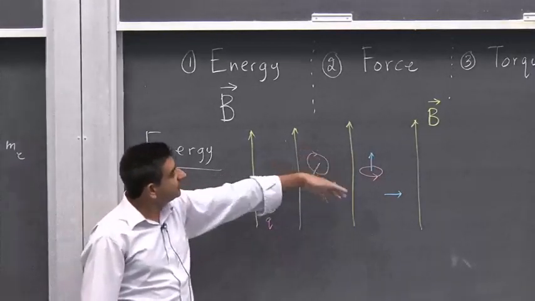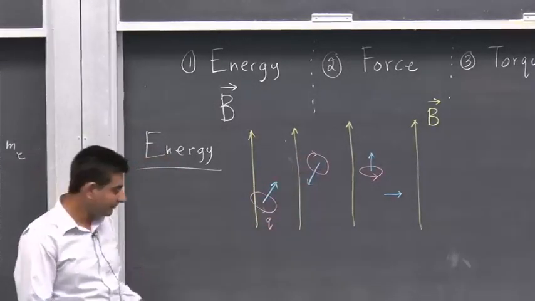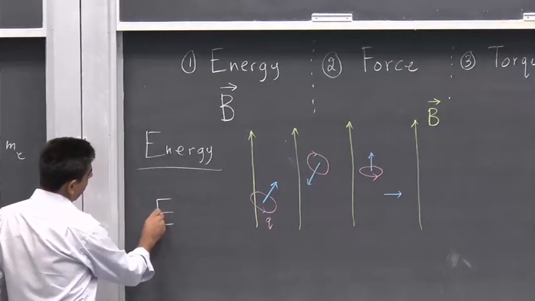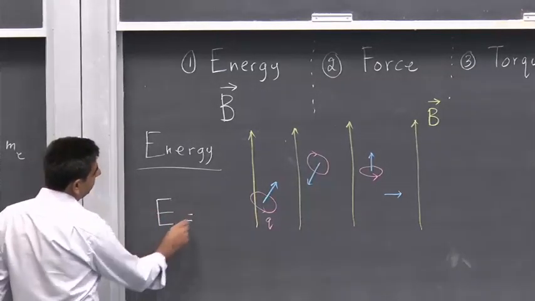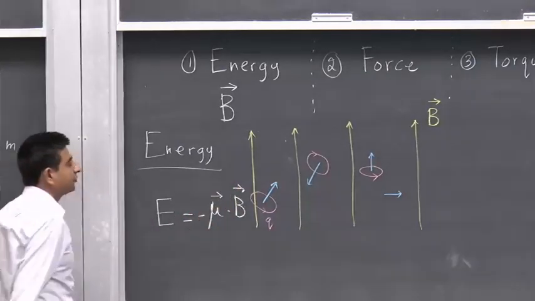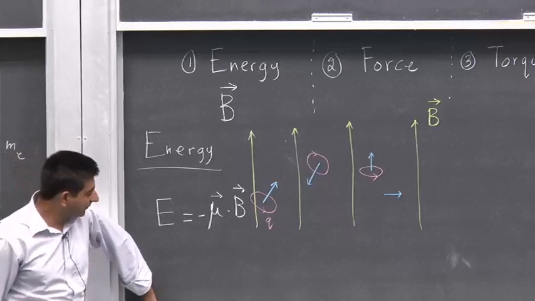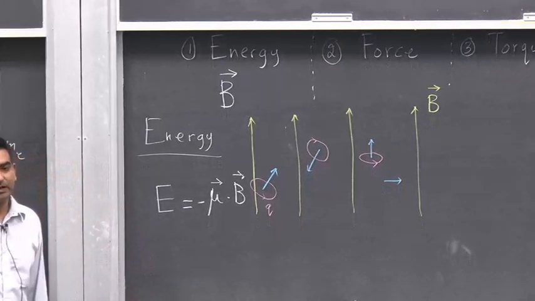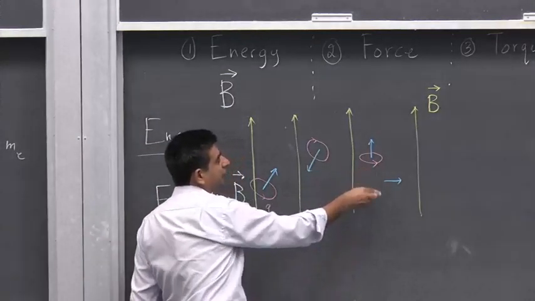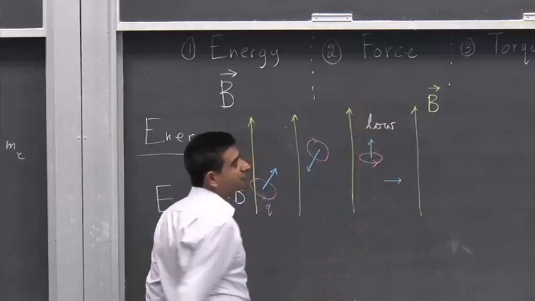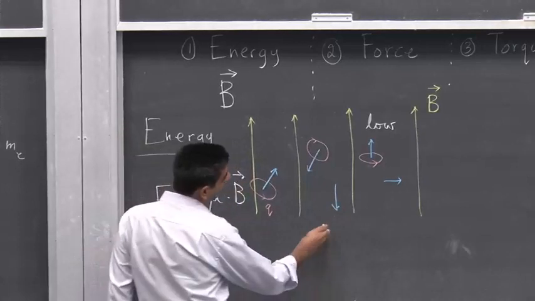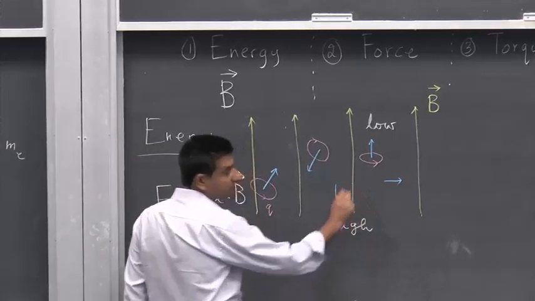Now each of these configurations has a different energy. The energy E of a moment placed inside a field is given by minus mu dot B. This is something you learn from basic electromagnetism. It's the negative of the dot product of the magnetic moment and the field. Therefore, this is the low energy configuration. The lowest energy configuration corresponds to this. When you have the moment that's anti-parallel to the field, that corresponds to the highest energy configuration.